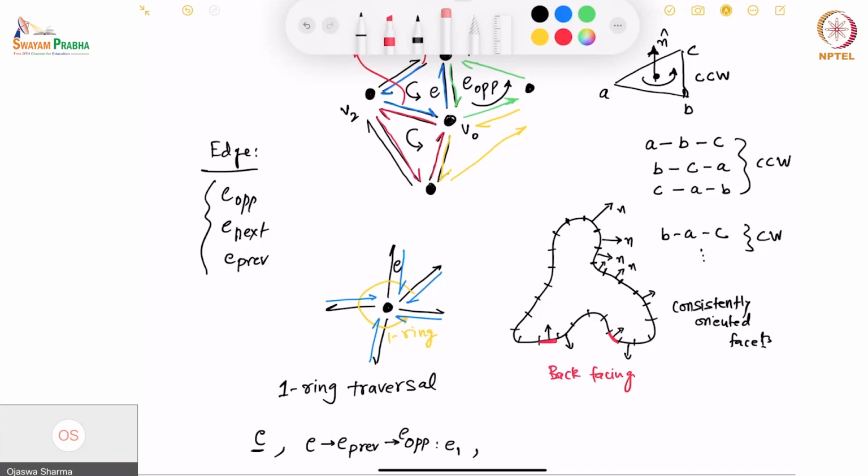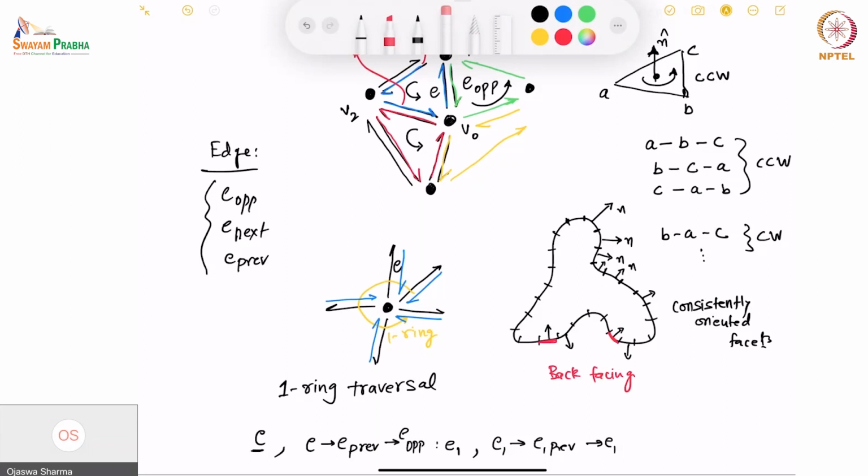And once you have E1, you do the same. You go from E1 to E1 previous, and then E1 previous opposite, but I hope you get the idea. Do you understand that you go from E to E previous and then opposite on that E previous? I'm using this shorthand notation here.